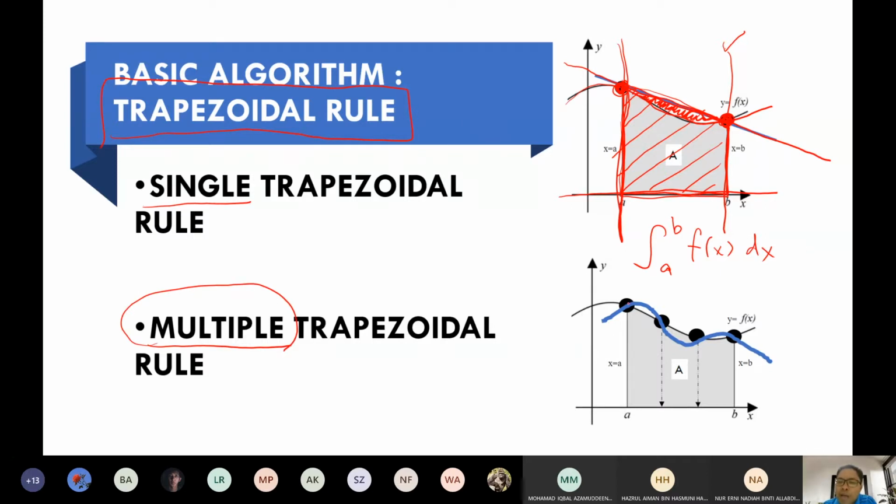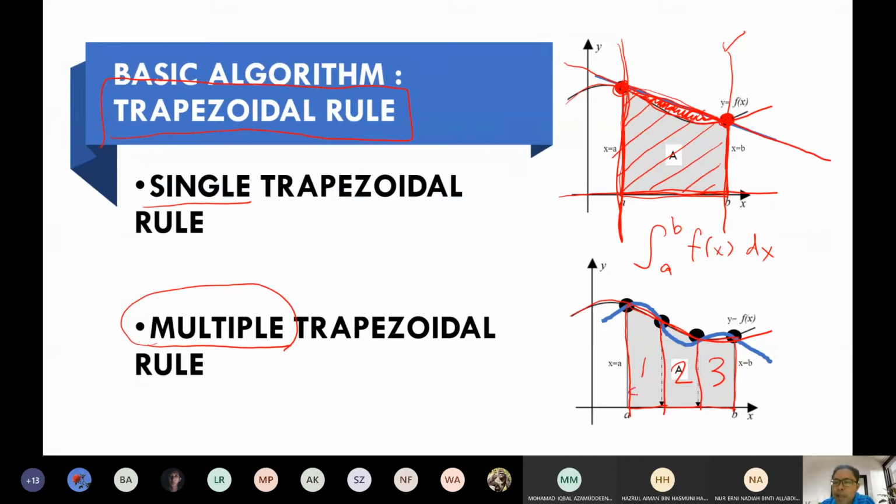where the same area under the curve will be divided equally into an equal number of trapezia. You see in this diagram, I divide this area into 3 equal trapezia, where you may see that this is my first trapezium, this is my second trapezium, and this is the third trapezium.